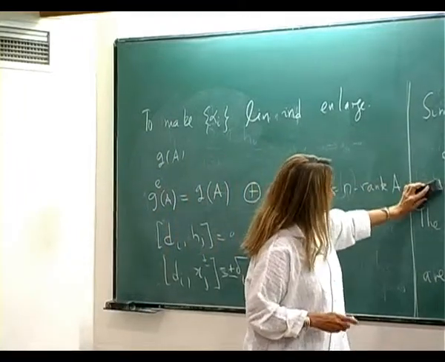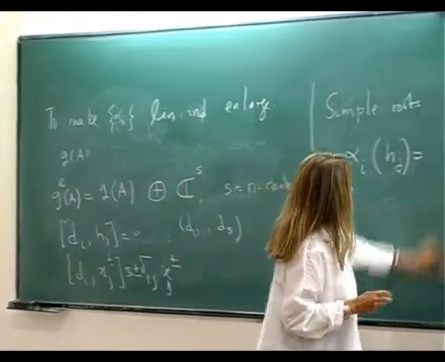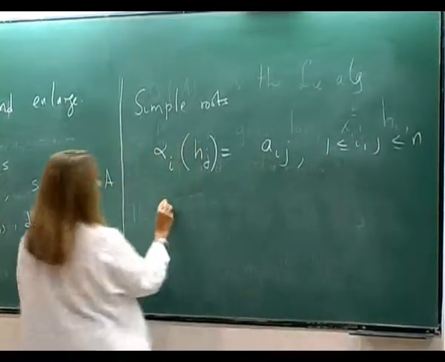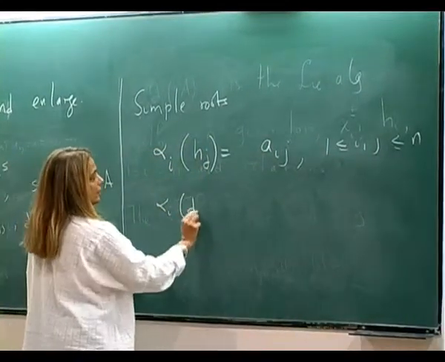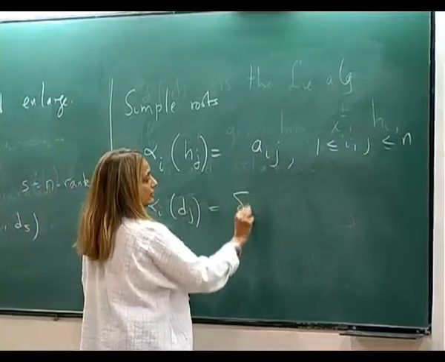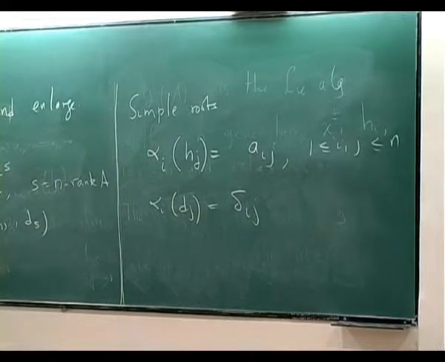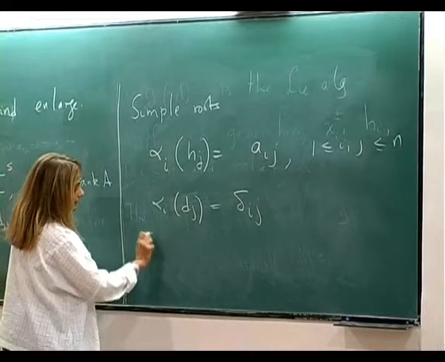So now I can just erase this, and now I'll change my definition of simple roots. So I'll have that, and I'll say that alpha_i on d_j is delta_ij. So it's a very cheap trick, and the effect of this cheap trick is that the alpha_i's are now linearly independent.